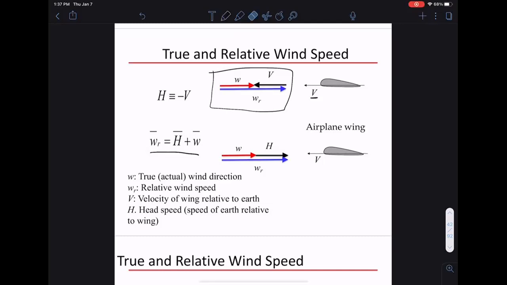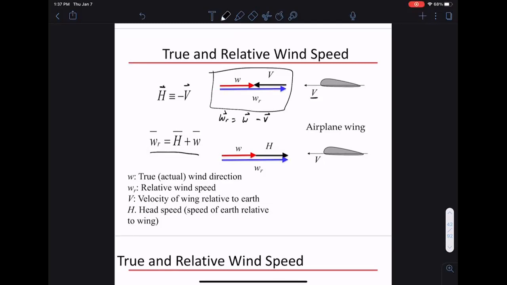These are vectors. If they're moving in opposite directions, this is a large number.